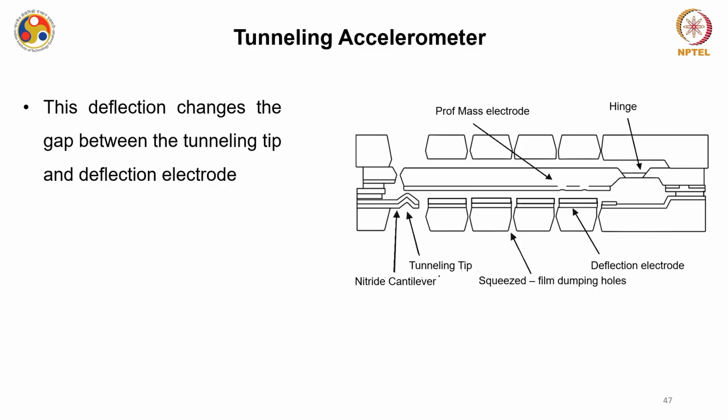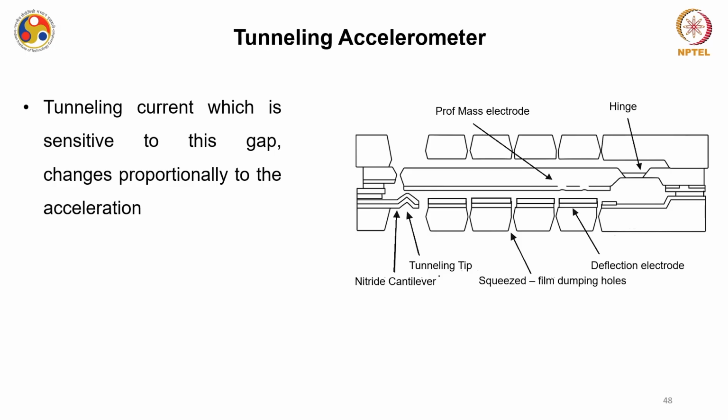The proof mass electrode is indirectly responsible for changing the gap between the tip and the deflection electrode. Now the tunneling current, which is sensitive to this particular gap between the tunneling tip and the deflection electrode, changes proportionally to the acceleration.